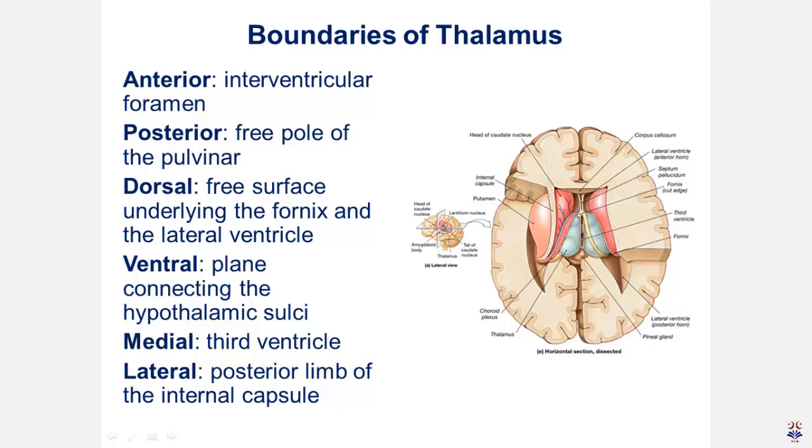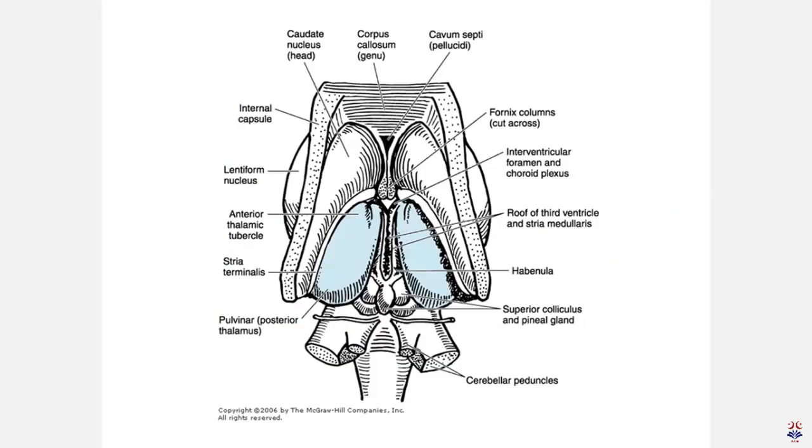Medially, we see the third ventricle, and laterally the posterior limb of the internal capsule. This picture also shows the boundaries of the thalami.